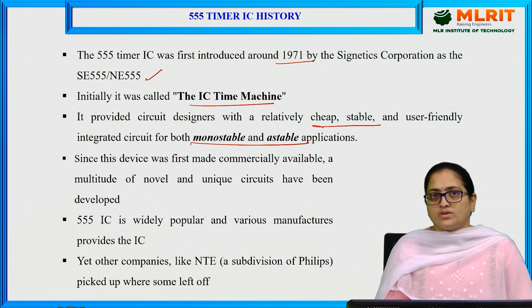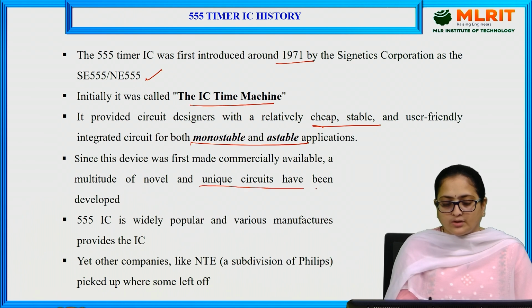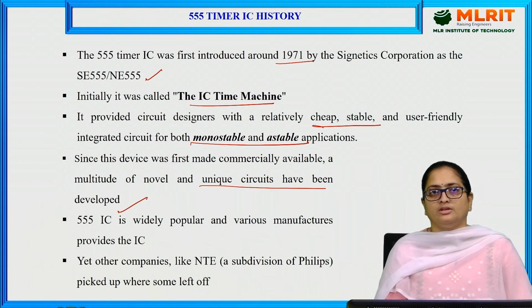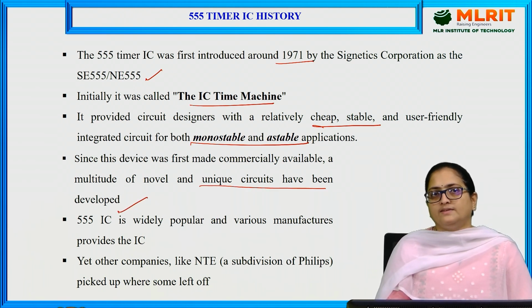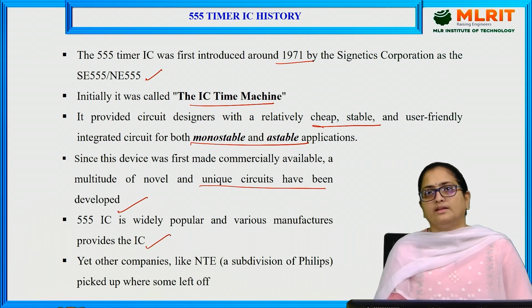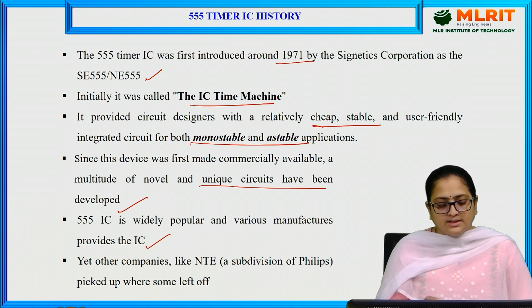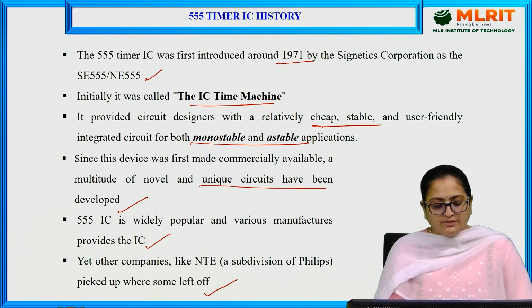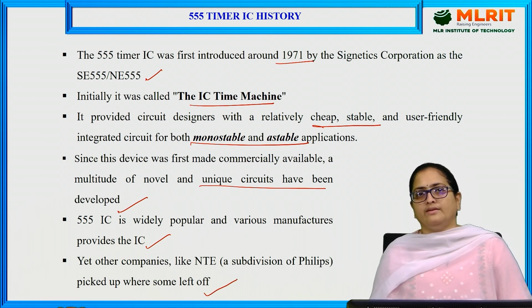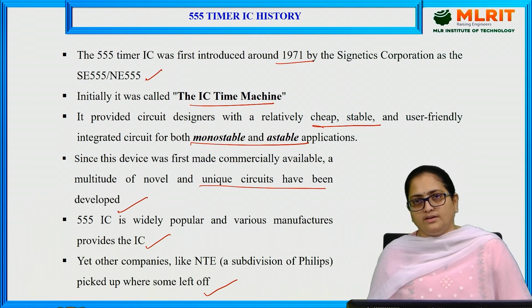Since the device was first made commercially available, a multitude of novel and unique circuits have been developed. The 555 IC is widely popular and various manufacturers provide this 555 timer IC. Yet, other companies like NTE, a subdivision of Philips, picked up where some left off in the manufacturing of IC 555 timer.